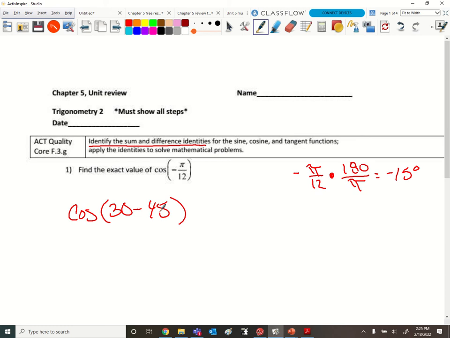All right, so now my reference sheet says cosine of, I believe this is s minus t, right? S minus t. So it's going to turn into cosine of 30, cosine of 45, plus sine of 30, sine of 45.